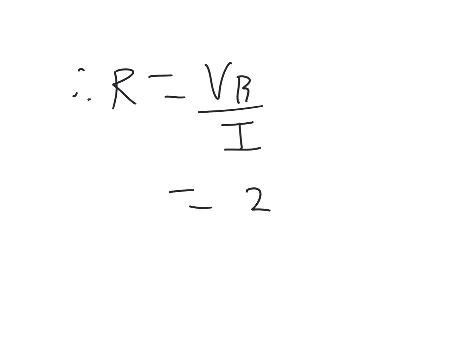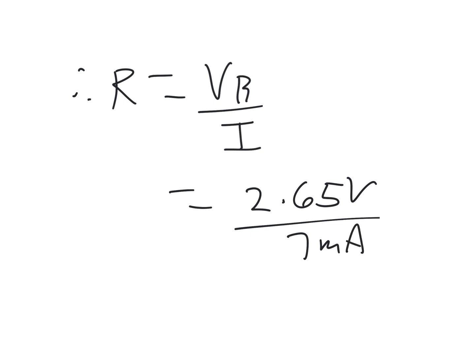So therefore, by Ohm's law, R equals VR divided by I, okay, 378 ohms. So you just go pick the nearest standard size, which is probably 380. So, okay, that's it. That's all there is to it.